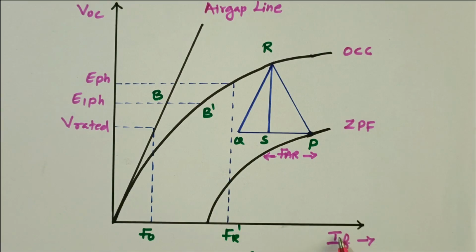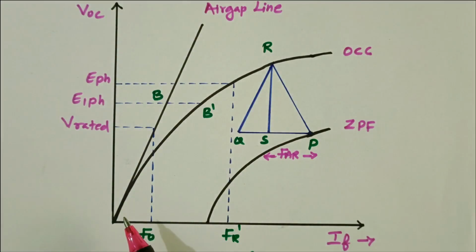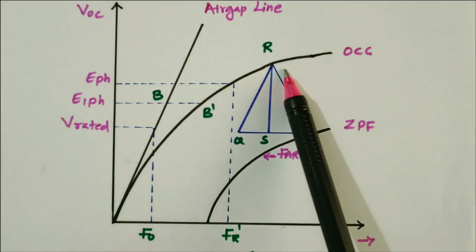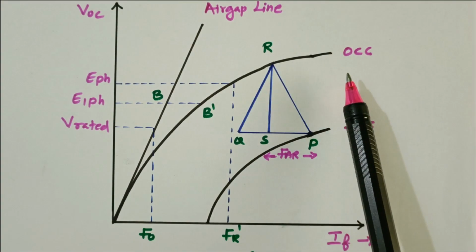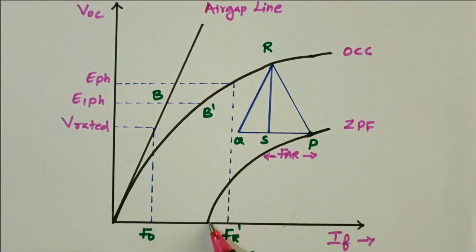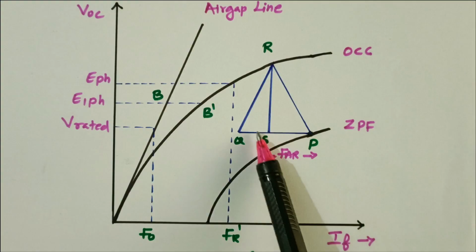On the X-axis is the field current, and on the Y-axis is the open circuit voltage. The first step is we have to draw the OCC curve from the OC test. A separate video is available on how to draw the OCC curve. And we have to draw the ZPF curve. Then we have to draw the Portier triangle, PQR.